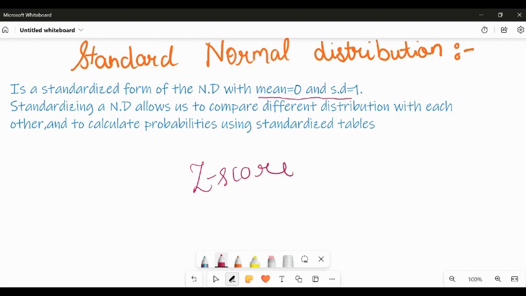Standardizing a normal distribution allows us to compare different distributions with each other, and to calculate probabilities using standardized tables. For example, I'm having one distribution.